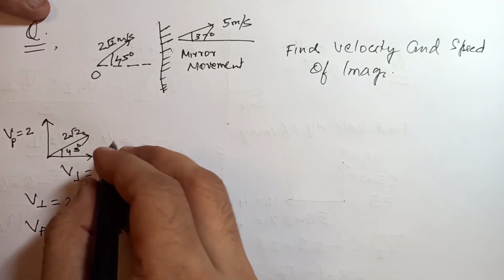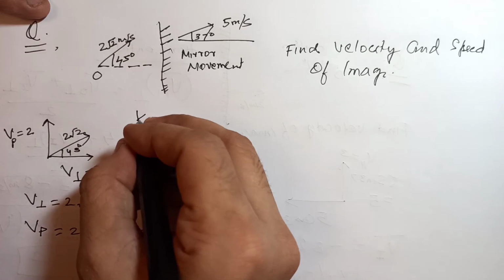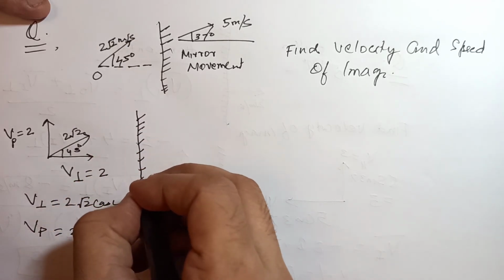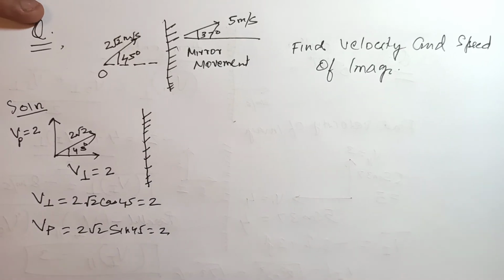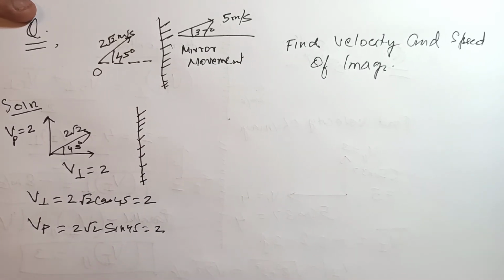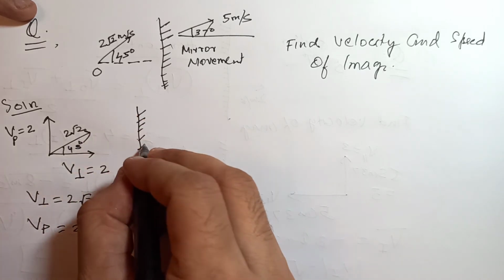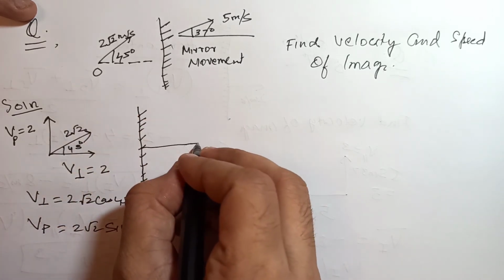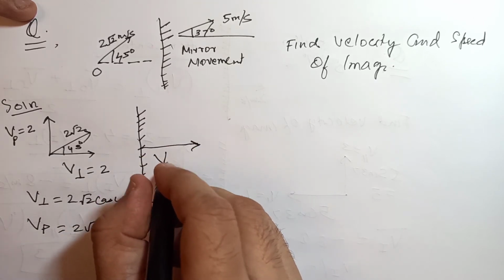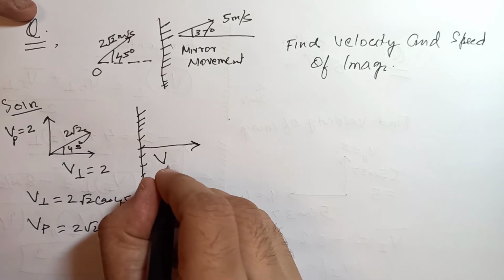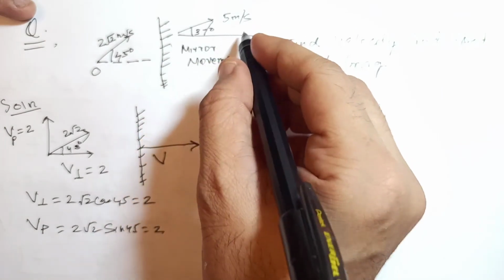Now this is the mirror. In this direction, what is V perpendicular? We have to break this 5 meter per second again into two components.